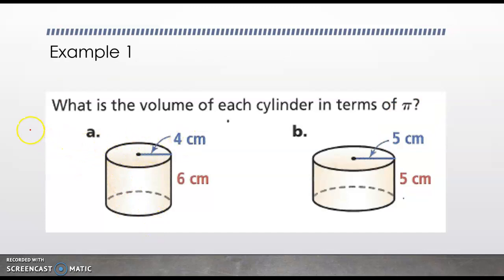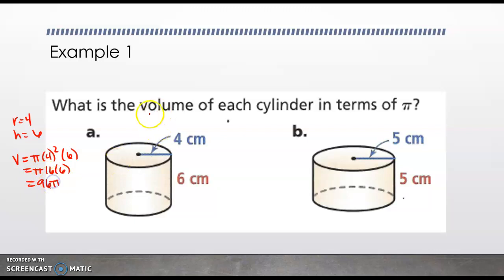All right, so on this first one, A, r equals 4, and h equals 6, and so volume will equal pi times 4 squared times 6. So when I work that through, 4 squared is 16, and then 16 times 6 is 96.